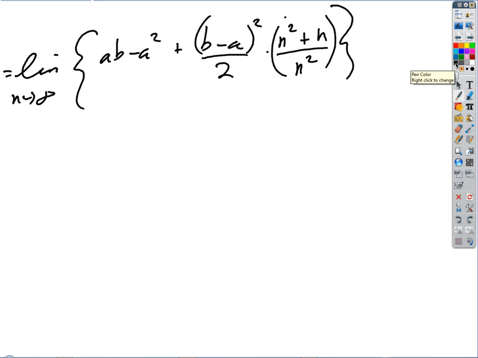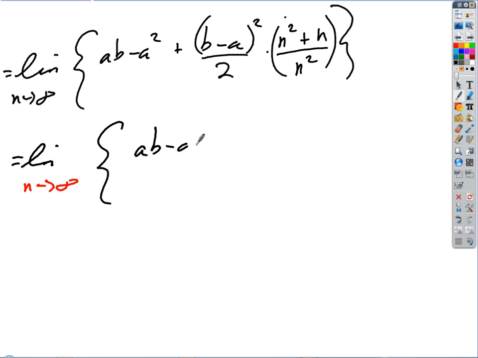Okay, good. So then we end up with the limit as n approaches infinity of ab minus a squared plus b minus a squared over n squared.